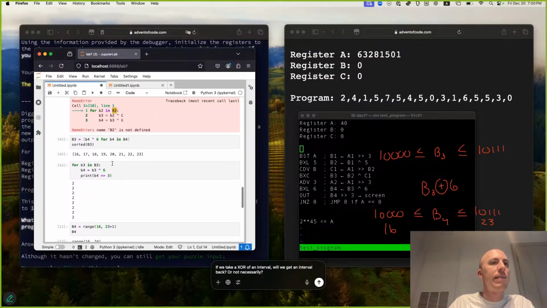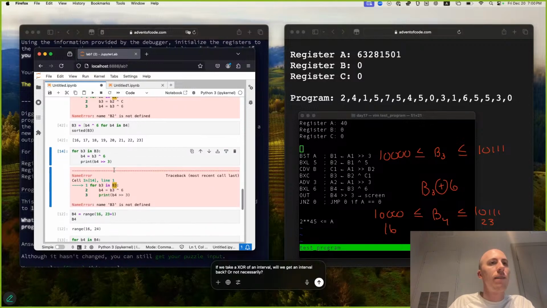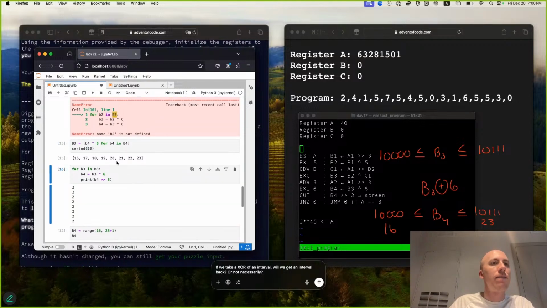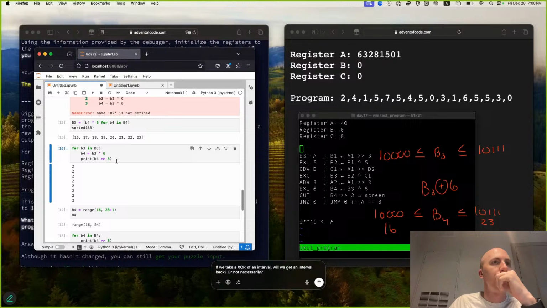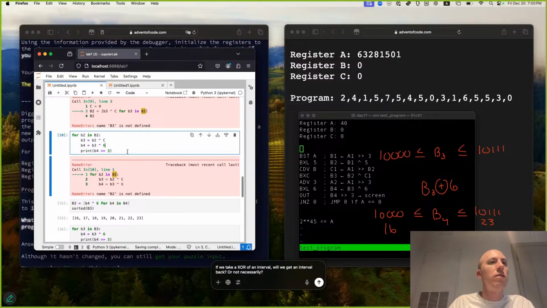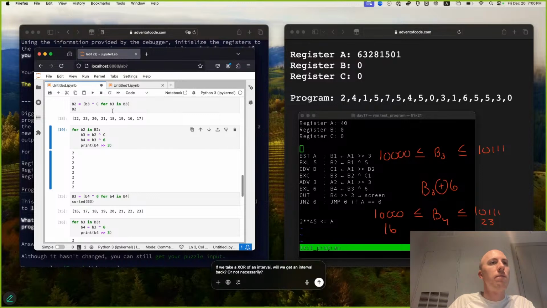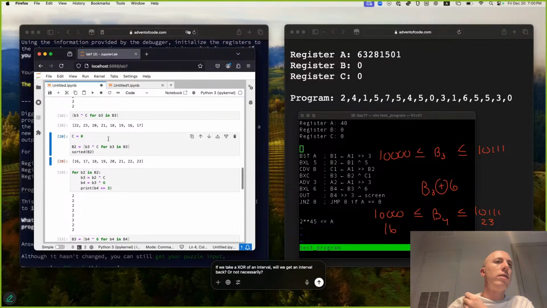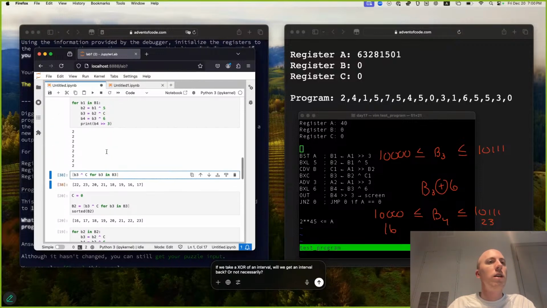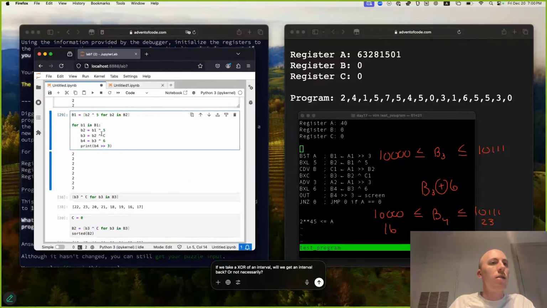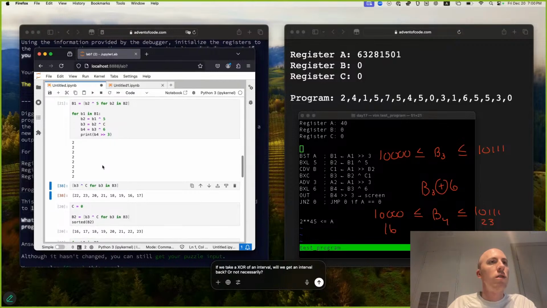Still in that range, because we're just XORing with C. And now we're up to B1.